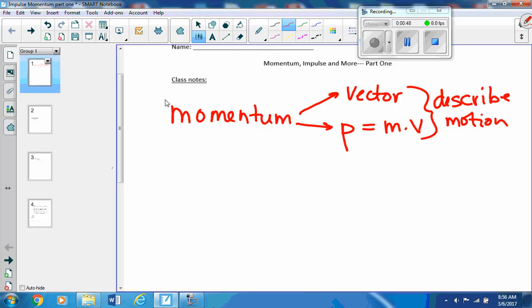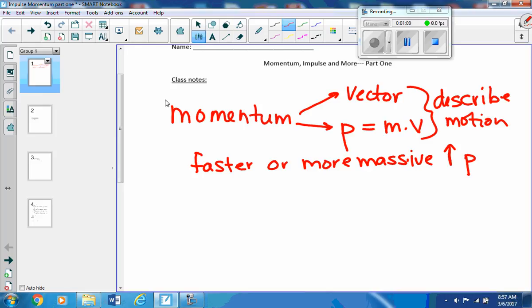If we're interpreting that equation, the faster or more massive something is, the higher the momentum.